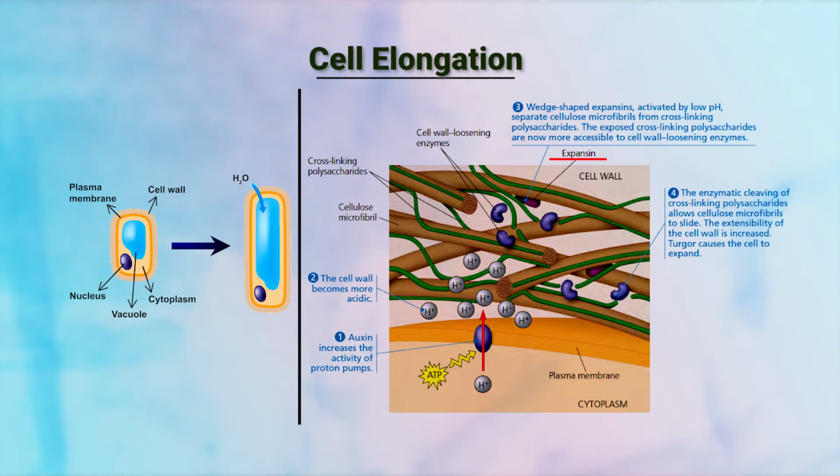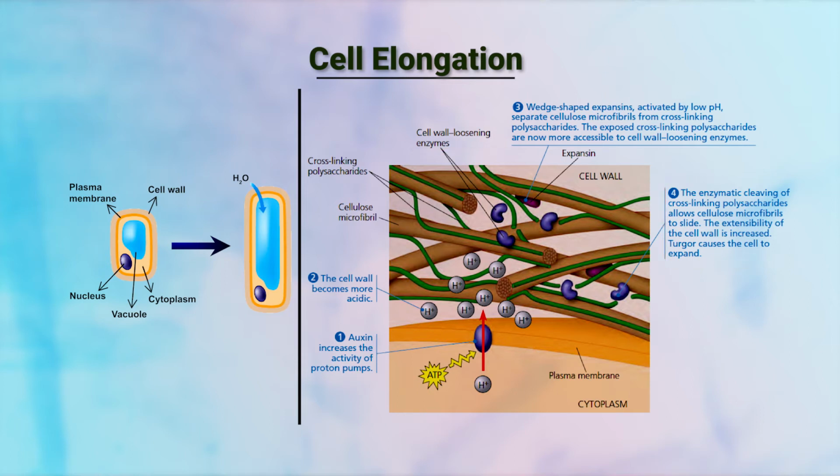These expansins then separate the polysaccharide chains from the cellulose microfibrils. This results in more exposure of these polysaccharide chains to the cell wall loosening enzymes. These enzymes then access the polysaccharide chains and cleave them.